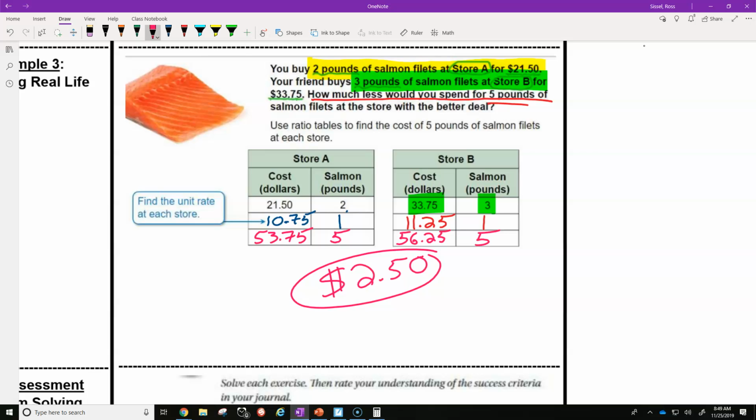If it's 5 trips, I could be saving just a little over $10. So we do this in real life because it saves us money. This is not math we just have to learn because we're in school. I'm being honest with you, this will help you save money. So this is why you should always use unit rates.